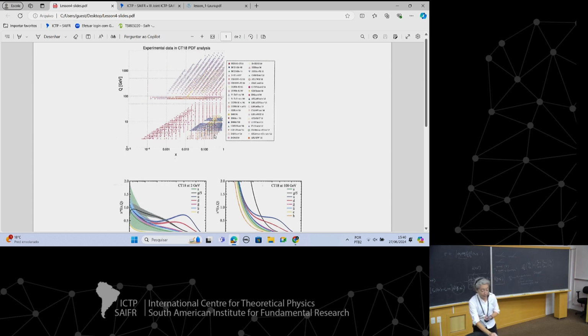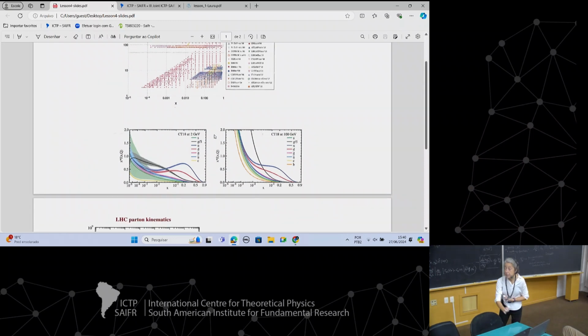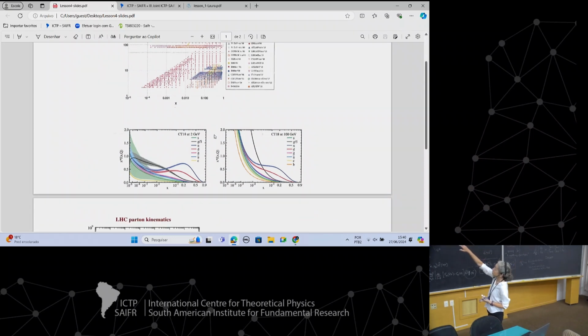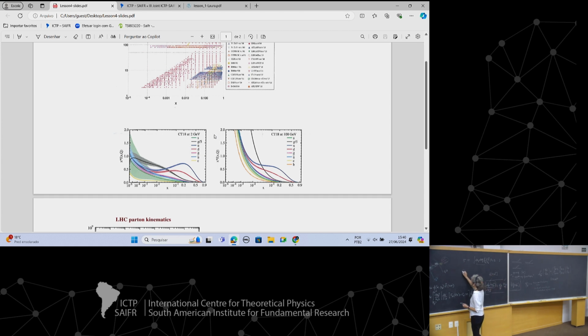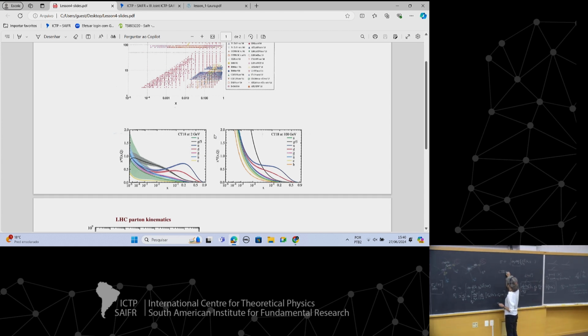The behavior of the PDF, as is listed here, is different at different Q squared. So you see a low scale of 2 GeV there, you see a scale of 100 GeV there, and you see PDFs that you could plot on your own laptop, just using one of the many packages of PDFs that are out there. You can take a PDF from the CTEQ collaboration, you can take a PDF from the NNPDF collaboration, you can take a PDF from the MSHT collaboration, it used to be MSTW, but now it's something else.